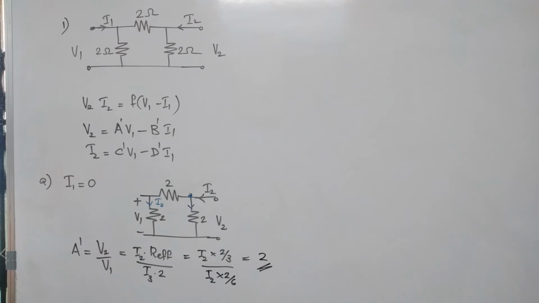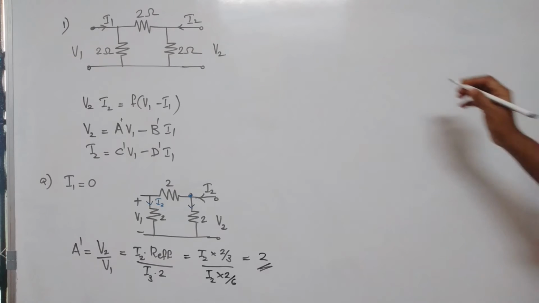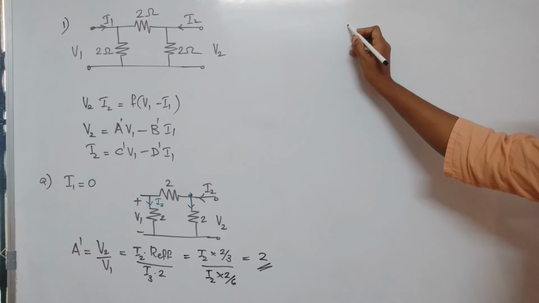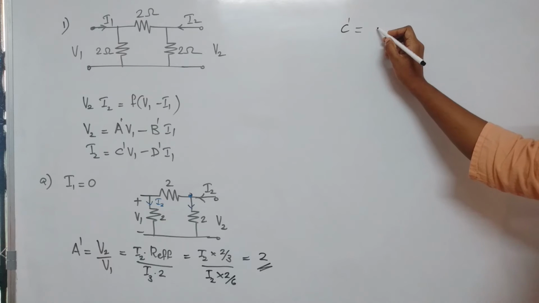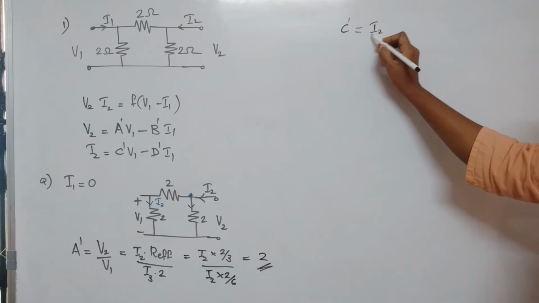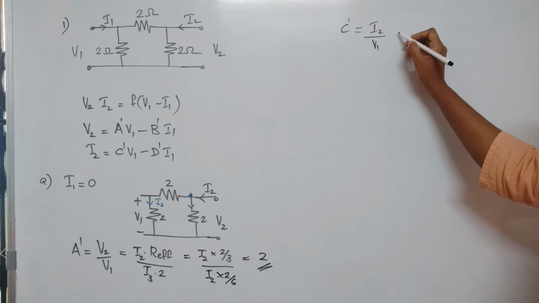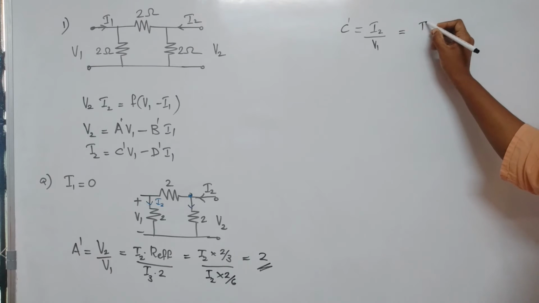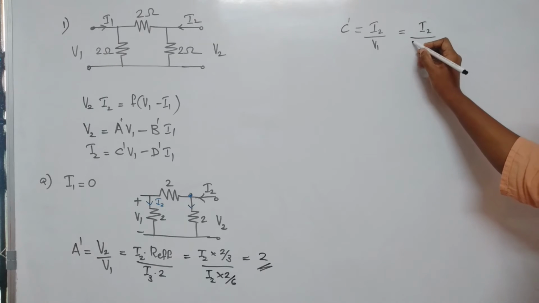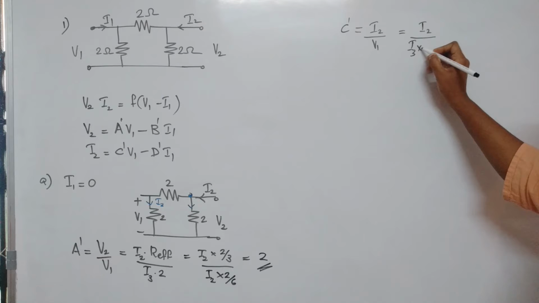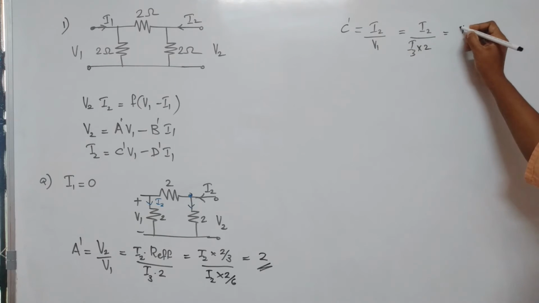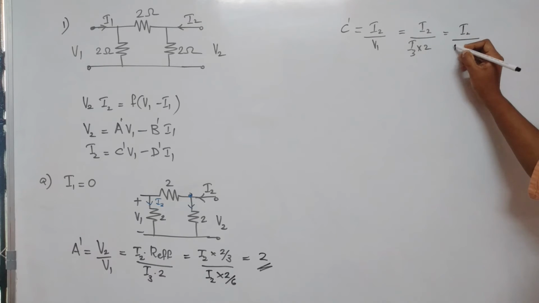Now in the same way we can find C dash. C dash is equal to I2 by V1. What is V1? We have already written it as I3 into 2, and we have written I3 in terms of I2.